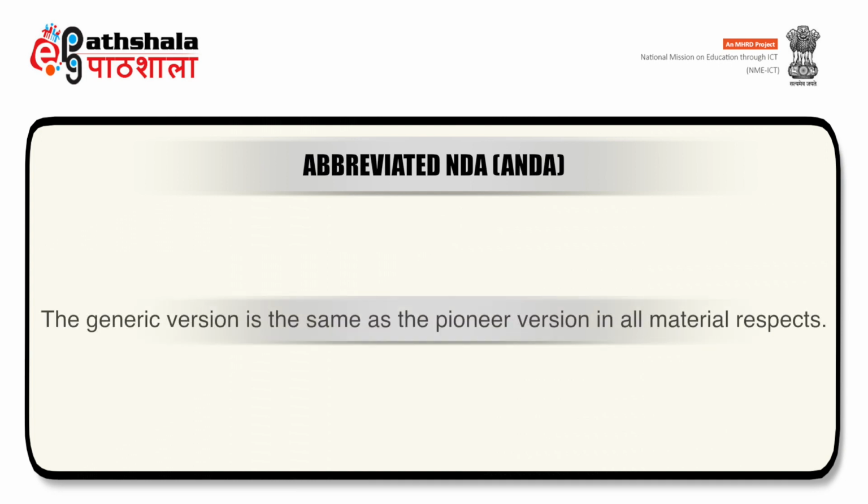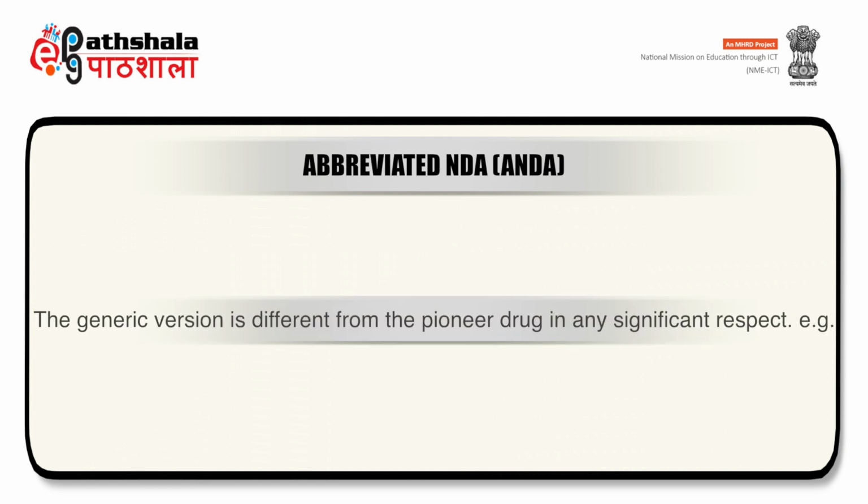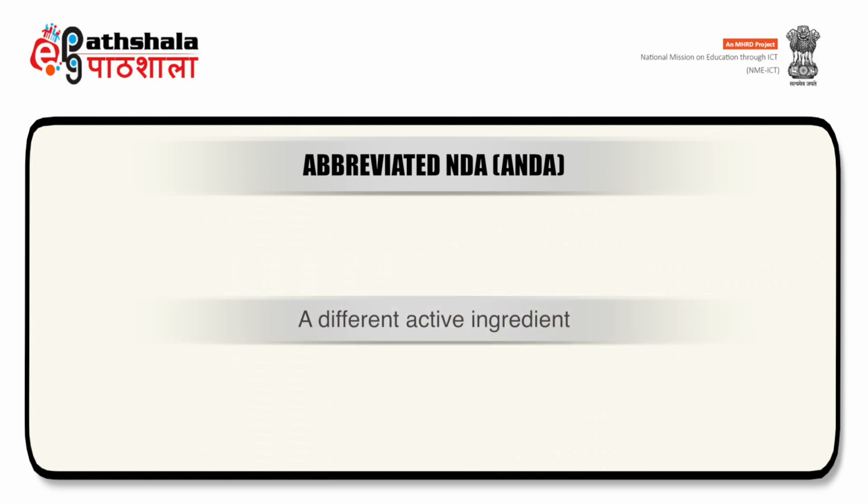The ANDA can be submitted if the generic version is the same as the pioneer version with respect to the excipient used to prepare their drug formulation. The generic version may differ from the pioneer version in any significant respect, that is, a different active ingredient, a different route of administration, or a different dosage form with a different strength.